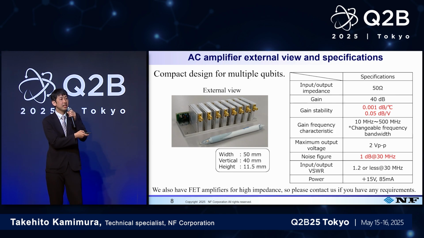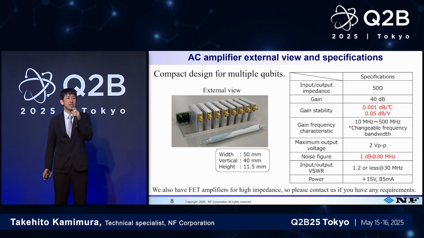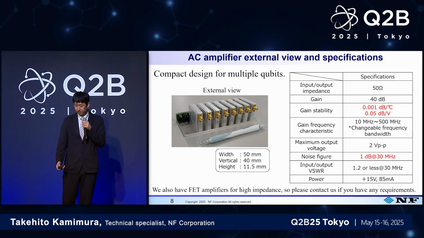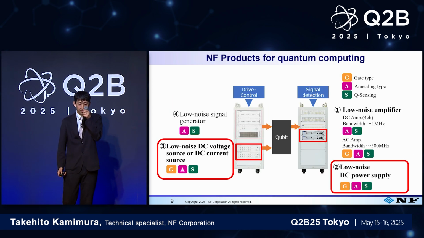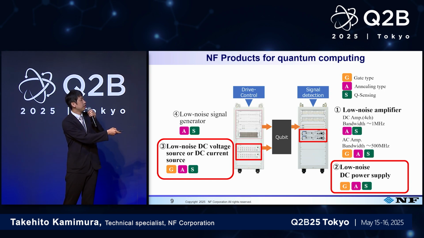Low noise and at the same time stable gain of 40 decibel, so that the readout fidelity becomes higher. A 50 ohm amplifier is used here, but other than that, we also have a high impedance FET amplifier. So hopefully we can get these specifications.